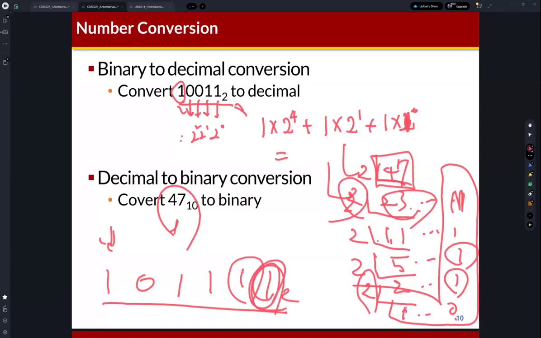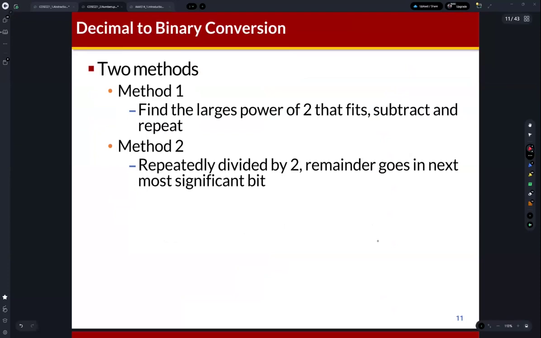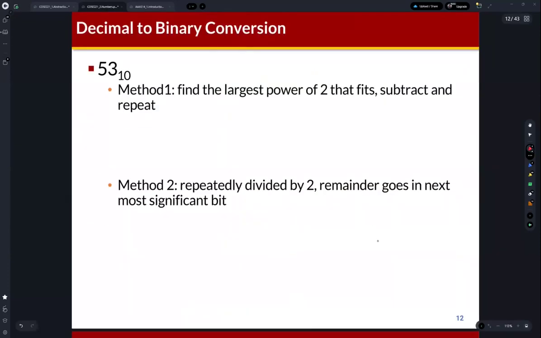So actually we can easily convert a decimal number to a binary number, or a binary number to a decimal number. So this is method 1 and method 2. Method 1 is to find the largest power of 2 that fits, subtract, and repeat, but in the previous example I used method 2, okay?